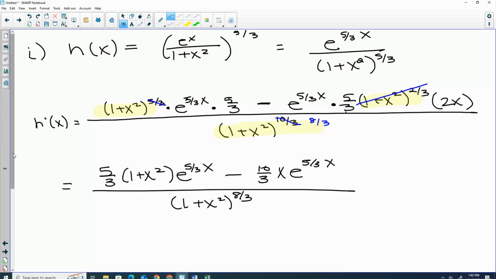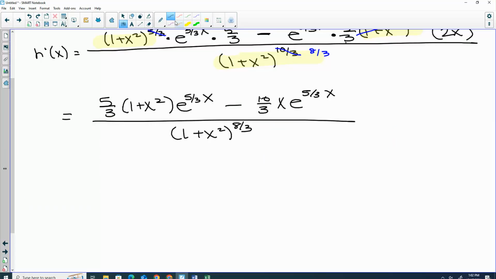At the very least, what do I need to do here? The fraction. So if we can multiply by 3 on top and bottom.